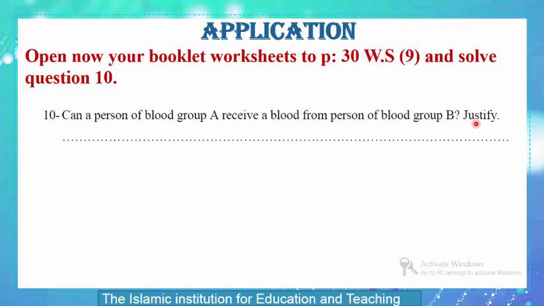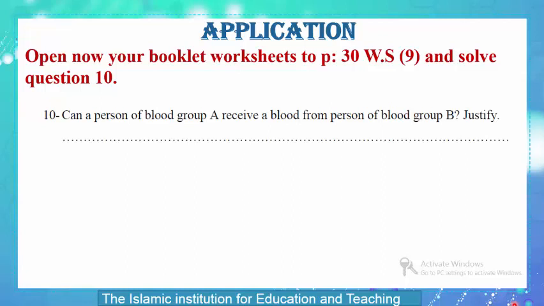Please concentrate. Whenever we have a question like this, it is very important to write at the beginning the agglutinin of the patient, meaning the recipient, and the agglutinogen of the donor. And then you make a comparison between the two to indicate if there is agglutination or not.